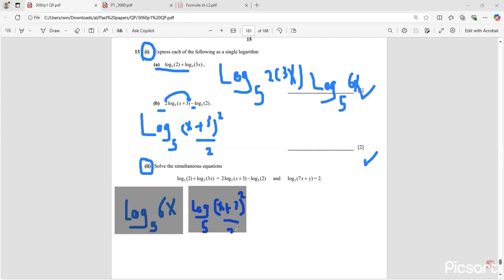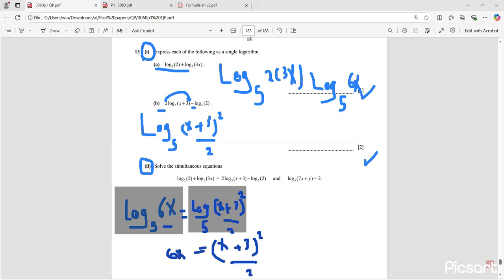So now, by applying this rule, we can say that 6x is equal to x plus 3 squared dividing by 2.